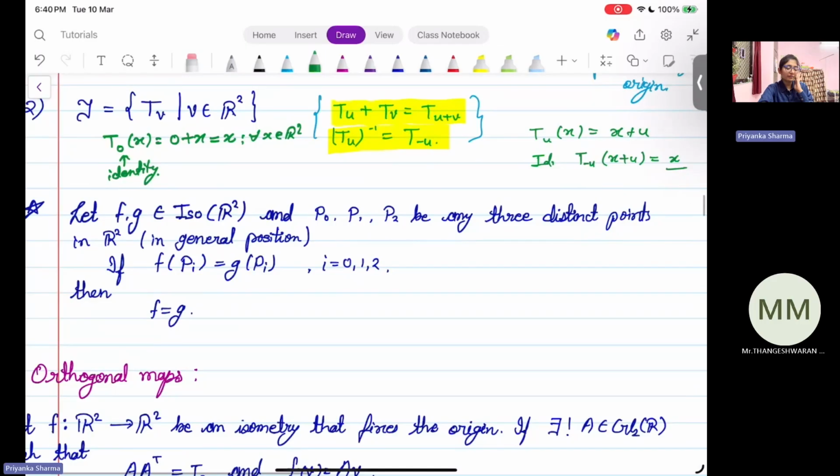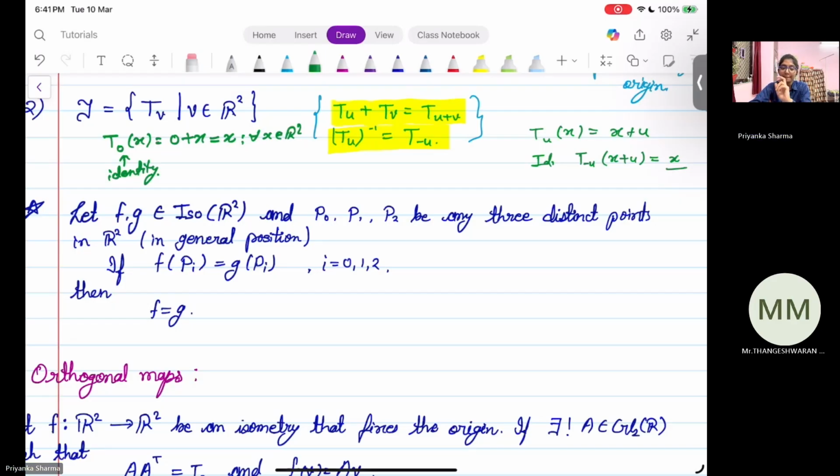Suppose we have three distinct points in R square, which are not collinear. So the points are P0, P1, and P2. And we have two isometries on R square, say F and G. And if F and G map all these three points to the same images, that is f of p0 is g of p0, f of p1 is g of p1, and f of p2 is g of p2, then f and g will be the same.